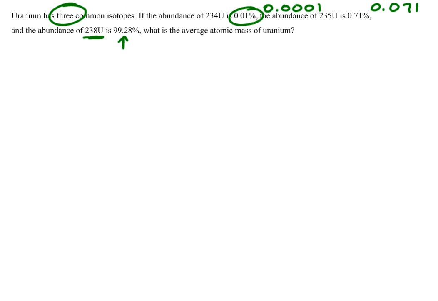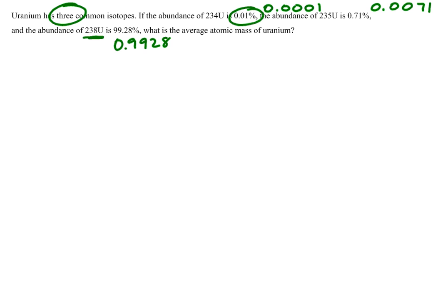No, I get another 0 in there. Right. So 0.0071. Okay, and then this 99.28 would become 0.9928. So, do I have all the pieces of information that I need to solve this? I do. I have the masses, and I have the abundances that are in frequencies.